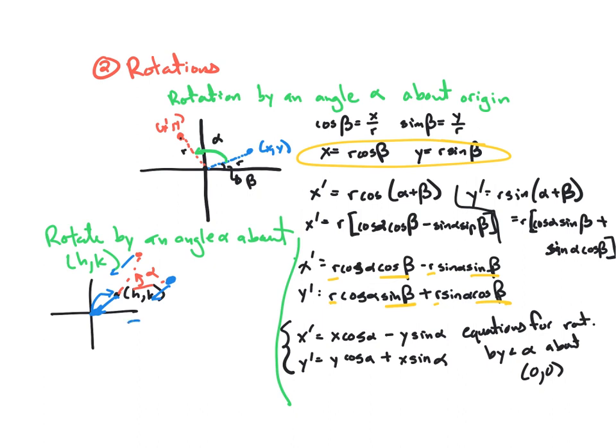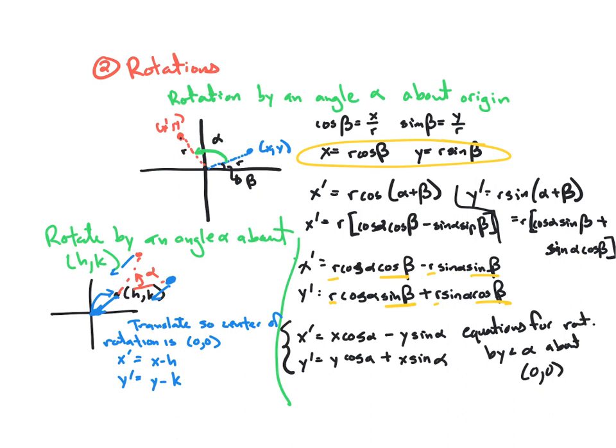So, translate so the center of rotation is (0, 0). To do that, we just have to subtract h and subtract k from everything. So x prime is x minus h, and y prime is y minus k.